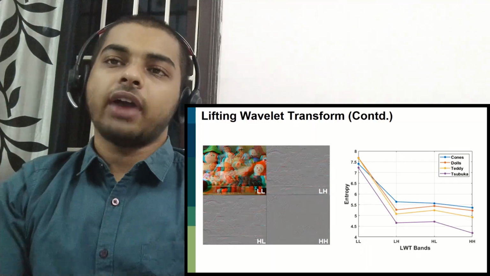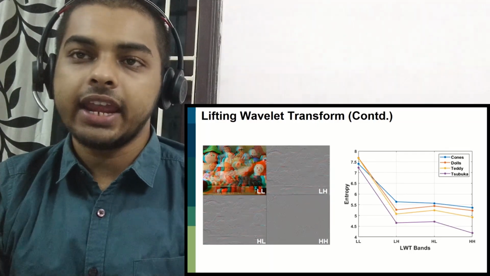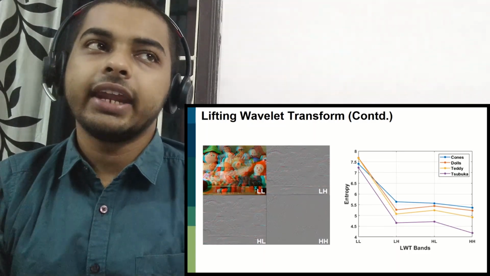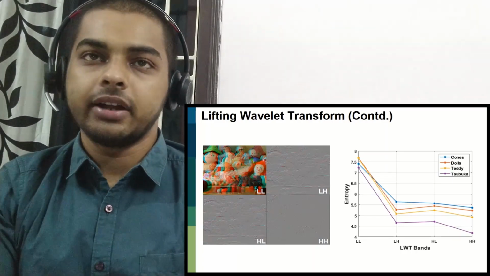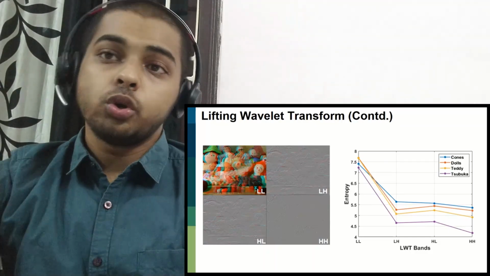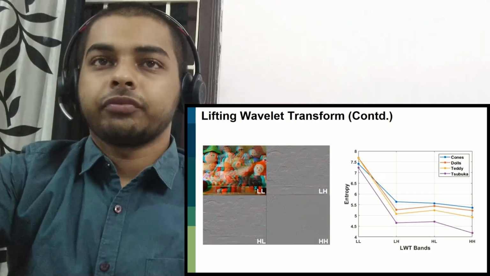As a matter of fact, we know that if a subband or an image has high entropy, then it's a good watermarking candidate, because high entropy always provides good robustness and very good imperceptibility. So that is why in this context we have chosen the LL subband as the watermarking candidate.